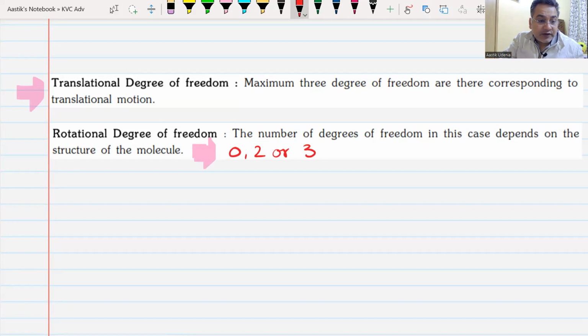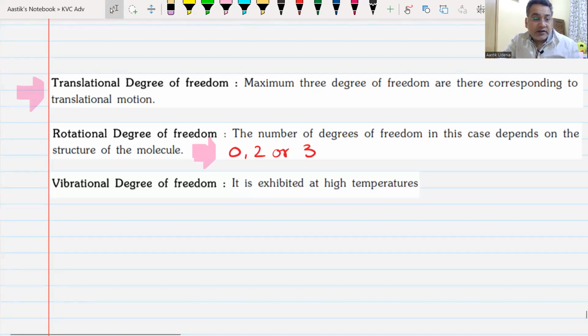Then we have vibrational degrees of freedom. These vibrational degrees of freedom are exhibited only at high temperatures.